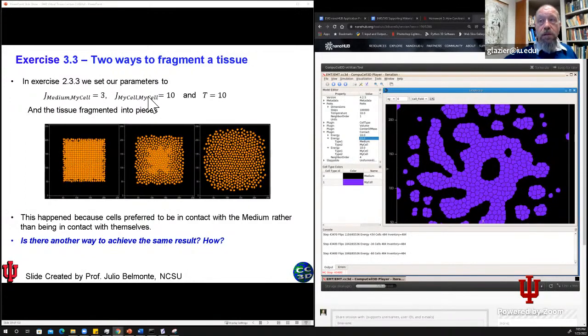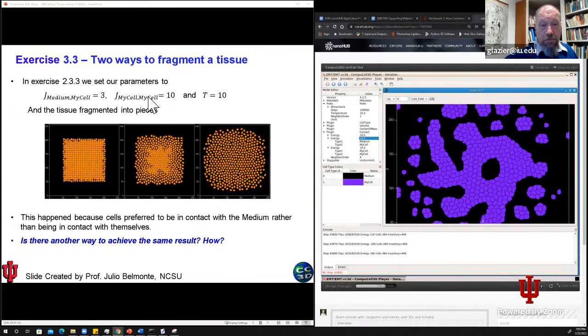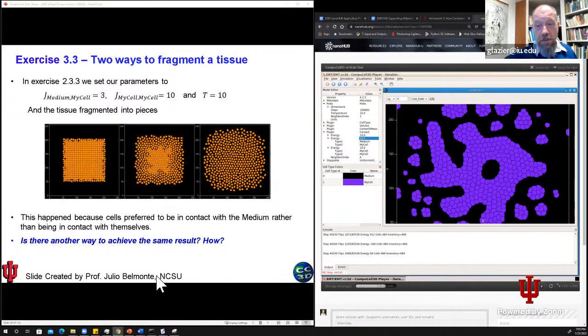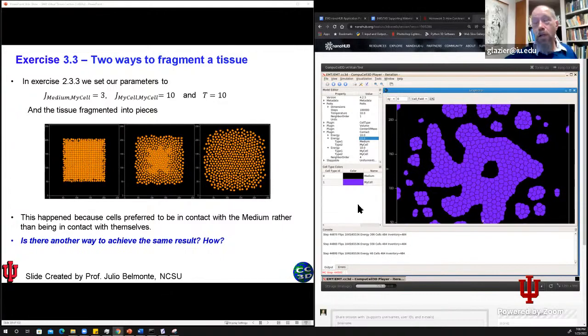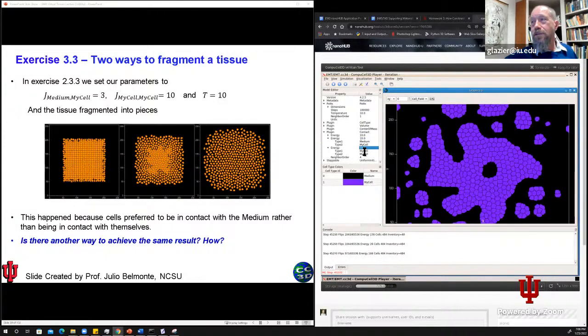So instead of reducing the cell medium contact energy, what else could I do? Maybe it's so simple it sounds like a trick question. Somebody? Making the cell energy higher? Yeah. How much higher? You can try it.